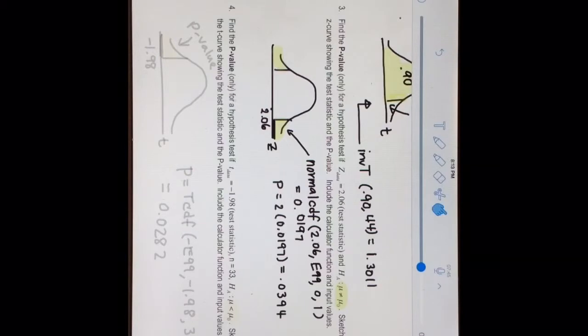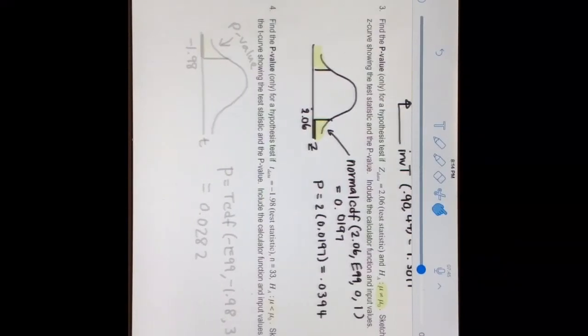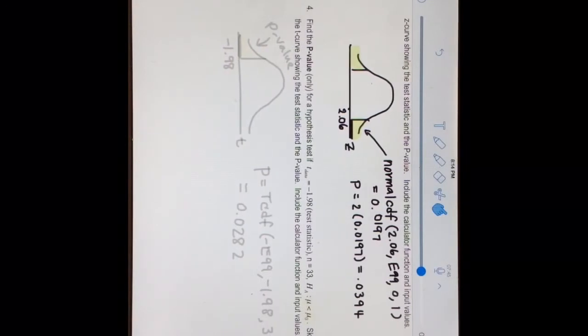Find the p-value for a hypothesis test where the t statistic is negative 1.98 and the sample size n is equal to 33, and the alternative hypothesis states that mu is less than mu naught. Draw the t-curve.